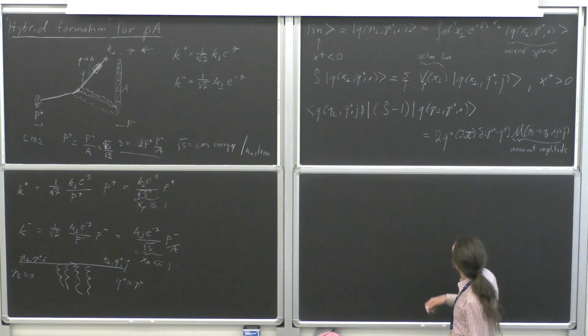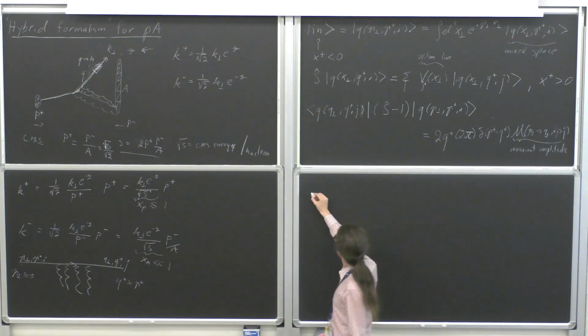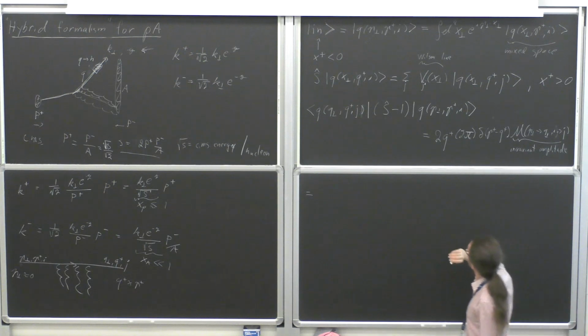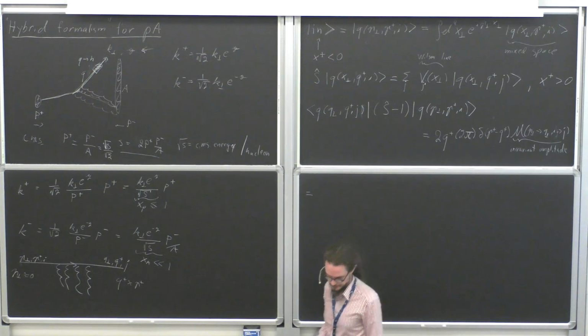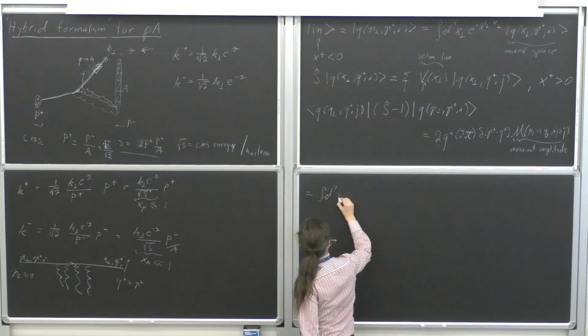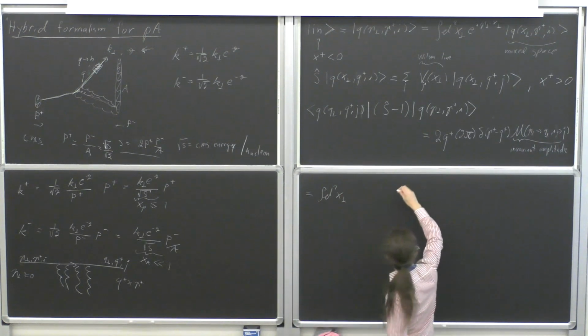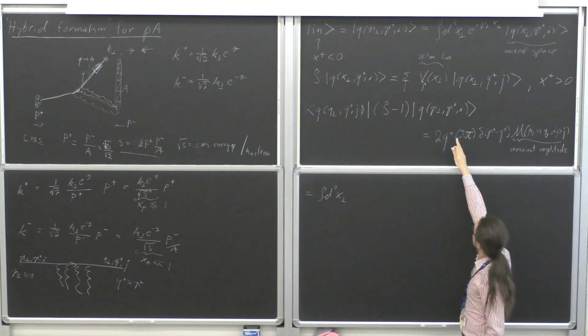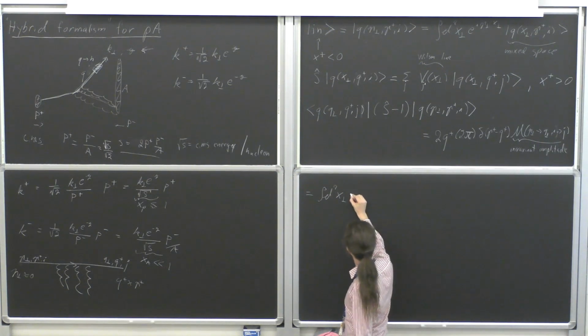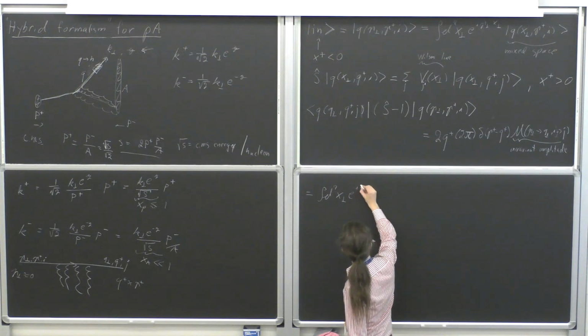Good. So let's calculate this thing. We put in our incoming state, which is d squared x perp. I'm putting in this state as a Fourier transform: d squared x perp exponential of i p perp dot x perp.